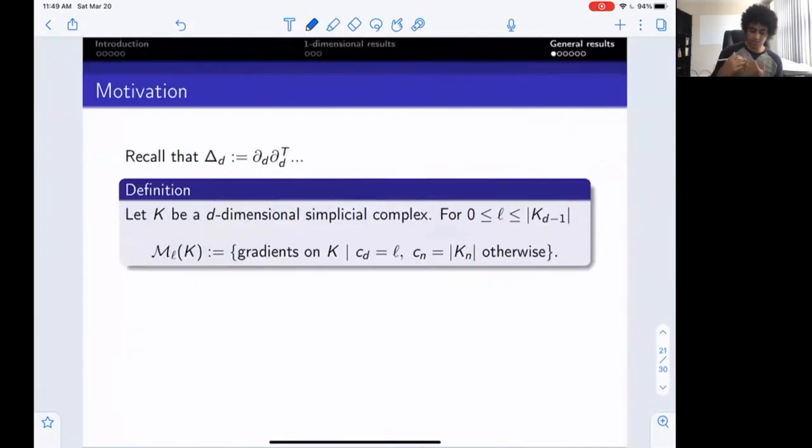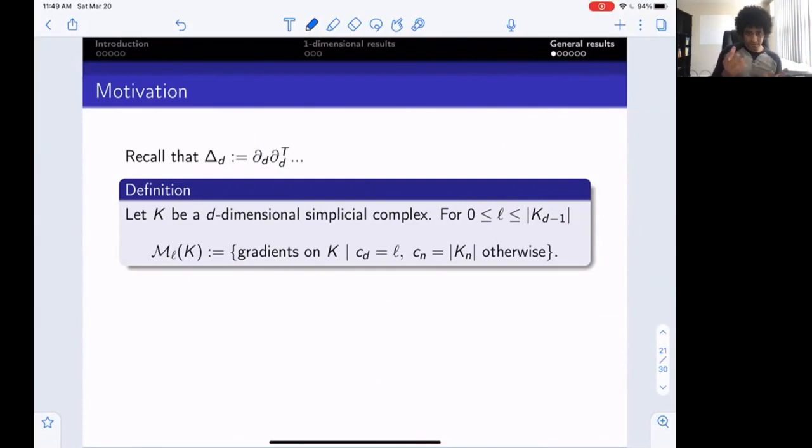So we should try to generalize the notation we had earlier by saying let M_d of K denote the gradients on K, where essentially interesting stuff is going on in the dth dimension, but everything below that is critical, in the sense that we don't have any data about what goes on in lower dimensions.